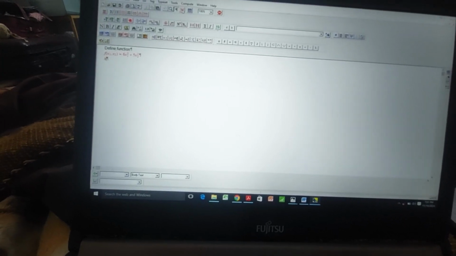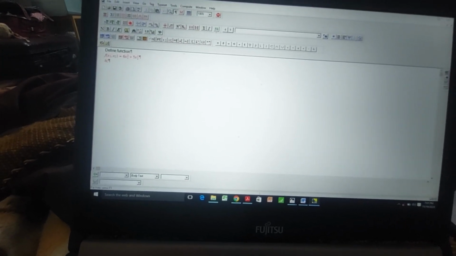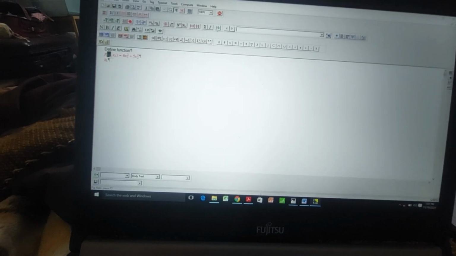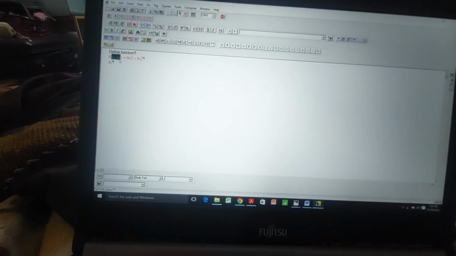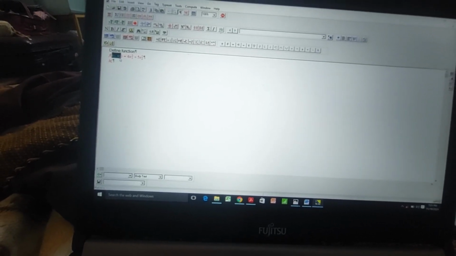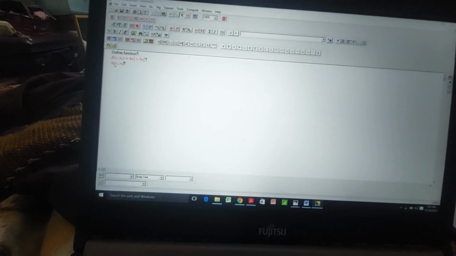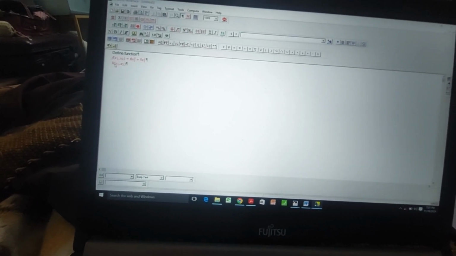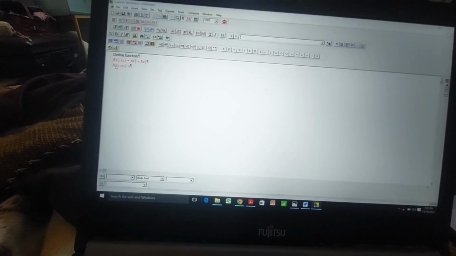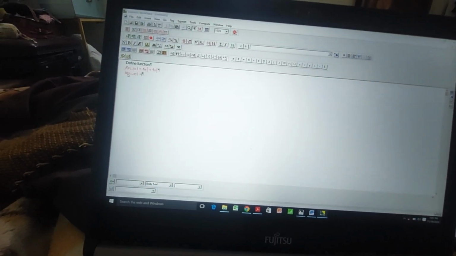So we have h of x1 and x2. I copy it from here, control C, and paste it over here, control V. And it is equal to x1 plus 5x2.